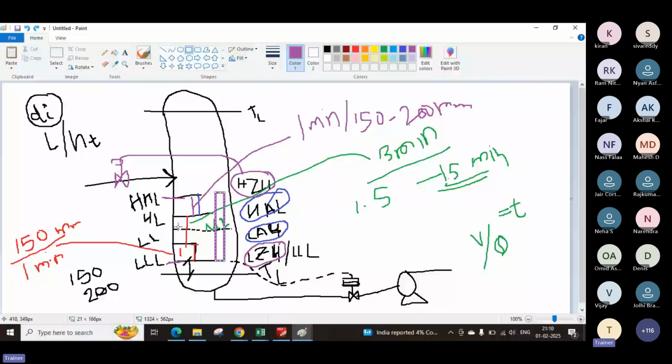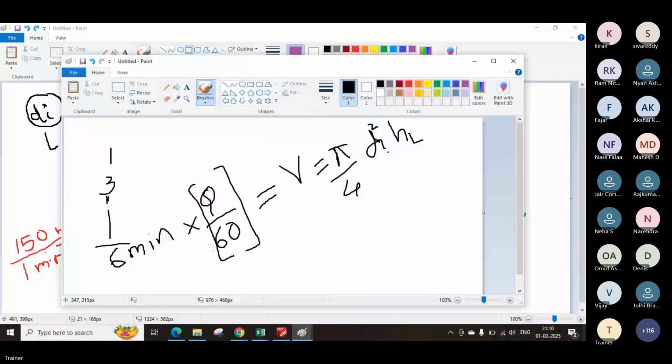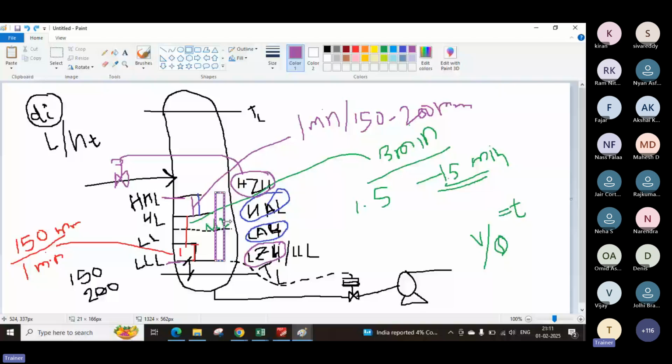So you know how much residence time you require, you know the volumetric flow rate, then based on that you can estimate the liquid height. This is the liquid height you require for the separator.